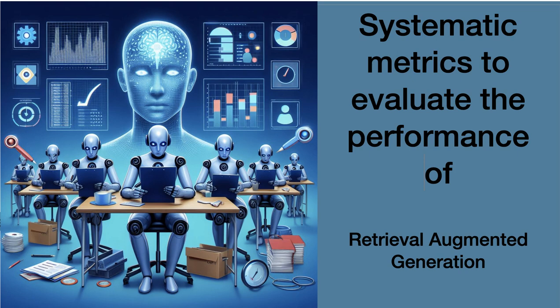Thank you for explaining the relationship between retrieval augmented generation and fine-tuning. It's interesting to see how fine-tuning can enhance the retrieval process by improving the relevance and coherence of the generated responses. Now, let's discuss the metrics used to evaluate the performance of retrieval augmented generation models.